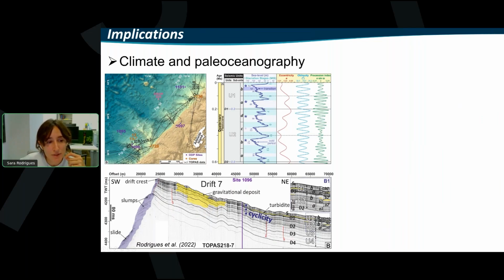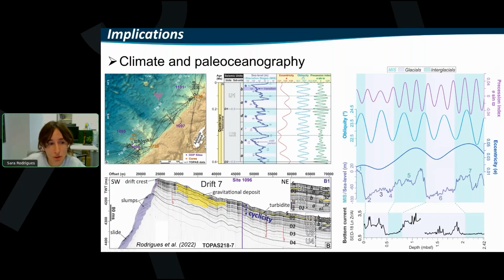And the water mass associated with these currents becomes much denser, because when the sea ice is formed, you have the denser water mass below being formed, and it descends. And so during glacial periods, we will have more cyclic deposition.